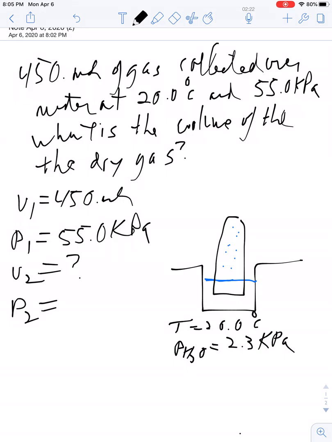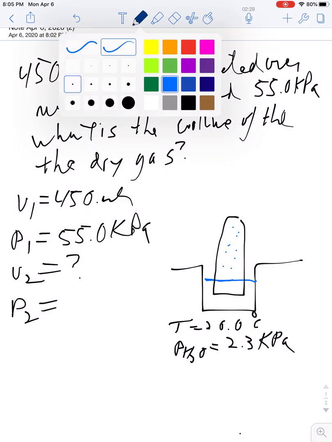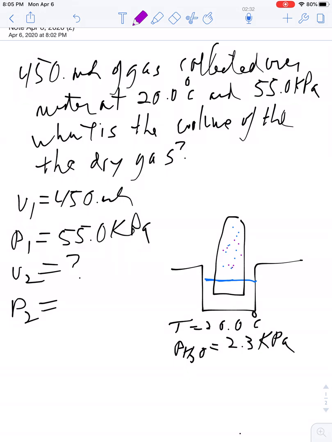So the P2 is there's my gas. So the total pressure inside there is equal to the pressure of the gas plus the pressure of the water vapor. So the pressure of the gas, just the gas, that's our P2.